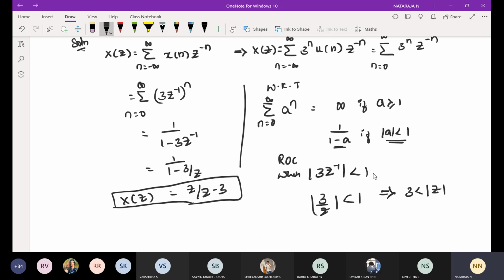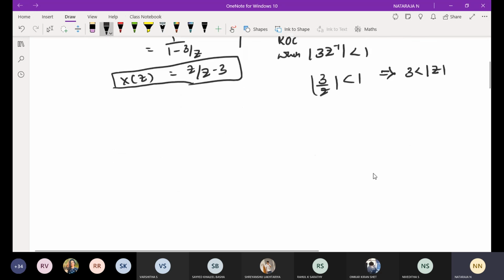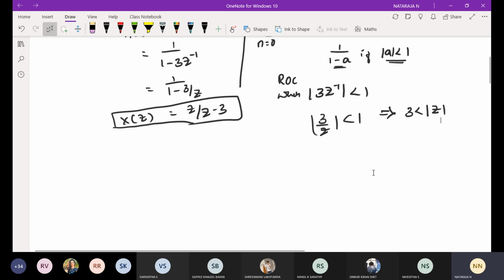What is the meaning of 3 less than z? It means the magnitude of z will be greater than 3. Z will be present after my 3. Exactly. I will write here ROC.